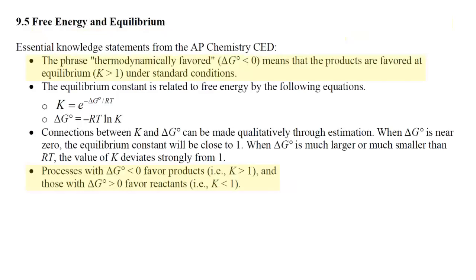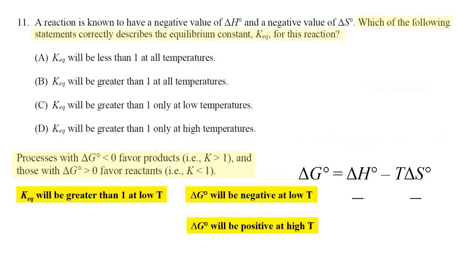So favored at low temperatures would mean that the K value is greater than 1. So if a negative delta G corresponds to a K value greater than 1, whereas a positive delta G corresponds to a K value that's less than 1, then K will be greater than 1 at low temperatures when delta G is negative.